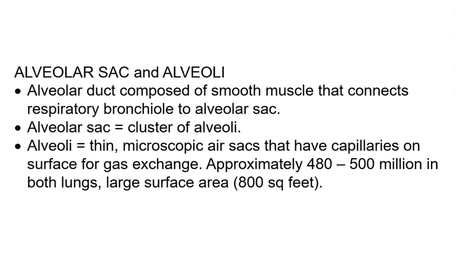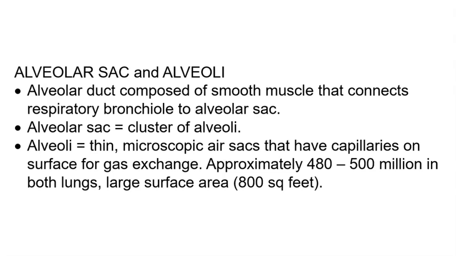And there are microscopically small air passageways called the alveolar ducts that are composed mostly of smooth muscle that help to connect a structure called the respiratory bronchiole to an alveolar sac. Now, the alveolar ducts and the respiratory bronchioles are some of the smallest diameter airways, and in particular, the alveolar ducts can change radius or diameter in order to control airflow into and out of that particular alveolar sac.